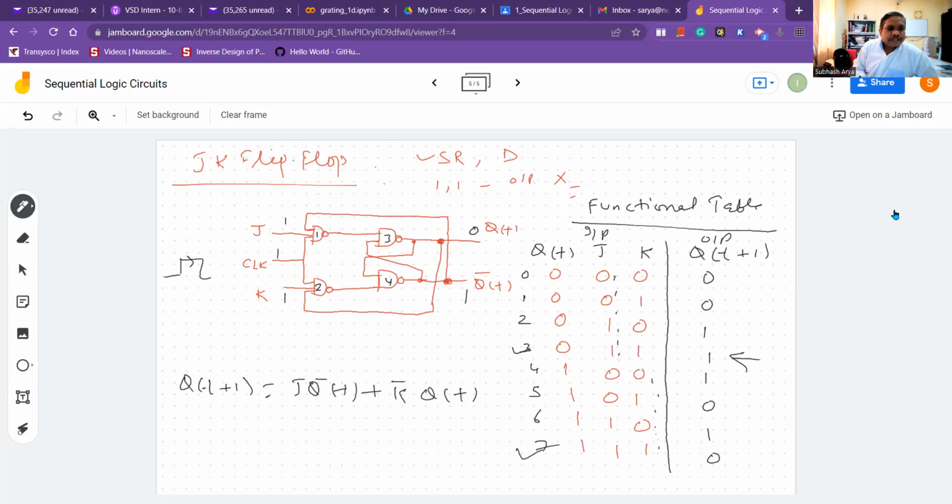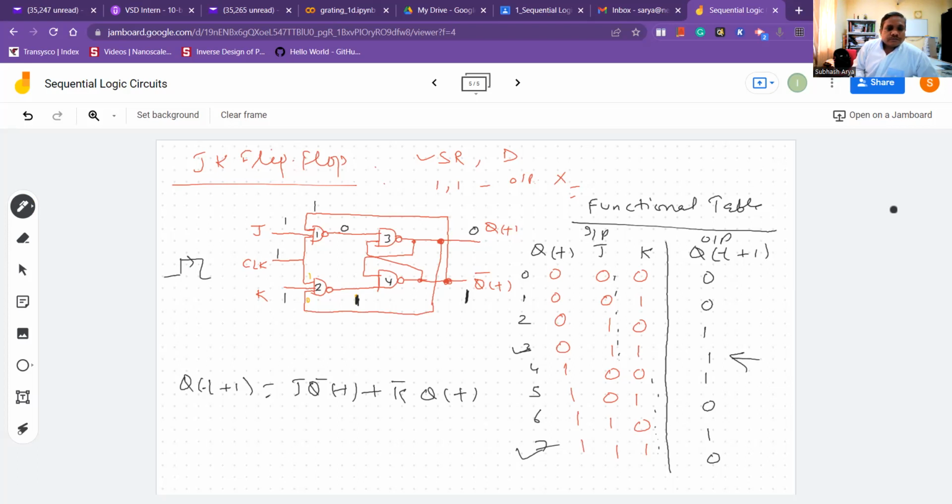So let me analyze it. Here the output is 0, so 0 is coming here, 1 is here, and 1 is here. Any 0 makes the output 1. So this is logic 1. And here Q(t) is 1, so 1 is coming here, J is equal to 1, and the clock is 1. So the output of gate number 1 will be 0.